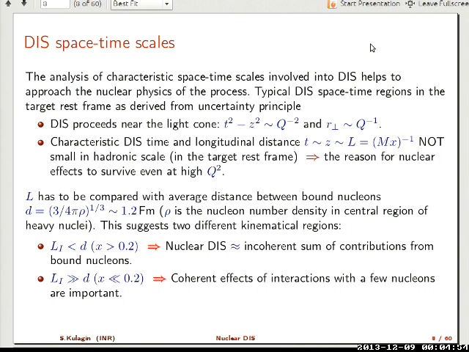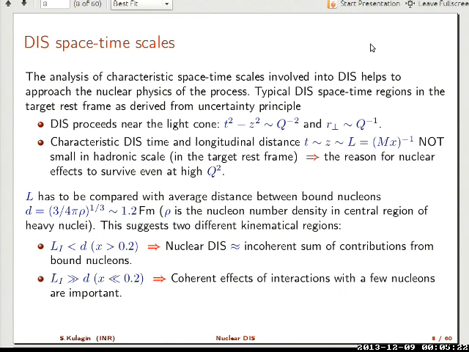Then for this particular kinematics, if we see it in the laboratory, in the target rest frame, then we see that this process has a small transverse size if Q squared is large, and so it proceeds close to the light cone.